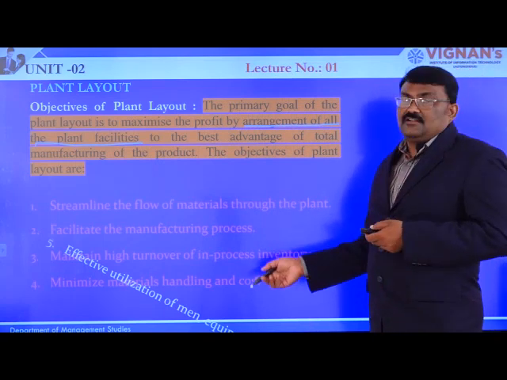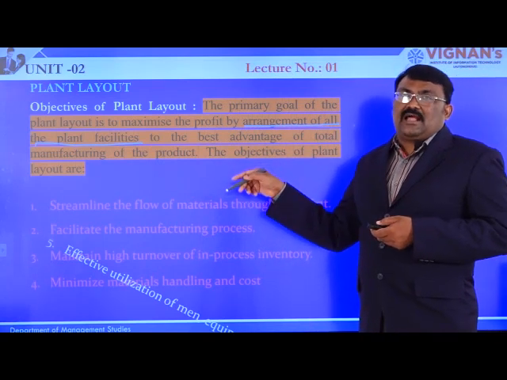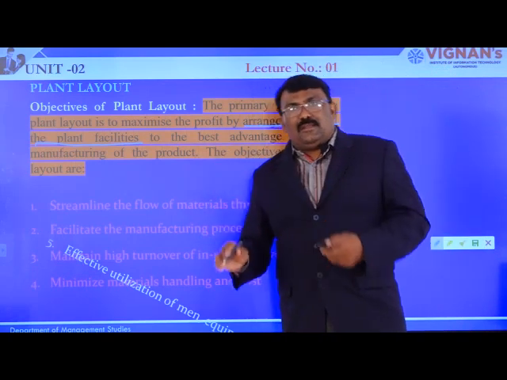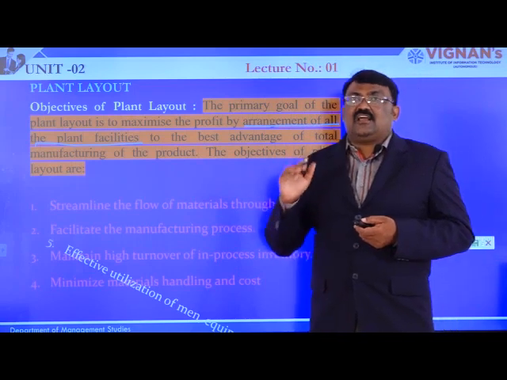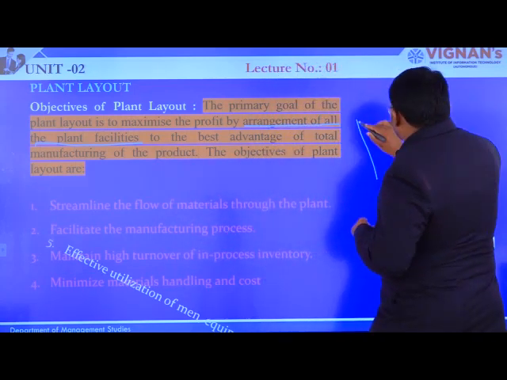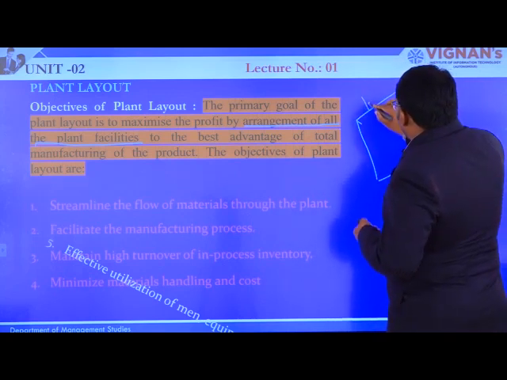The objective of the plant location is to utilize the space, the materials, and the men at the optimum level, right. That is the way you are supposed to establish the location with the internal parameters.